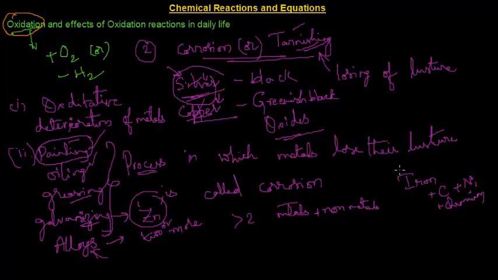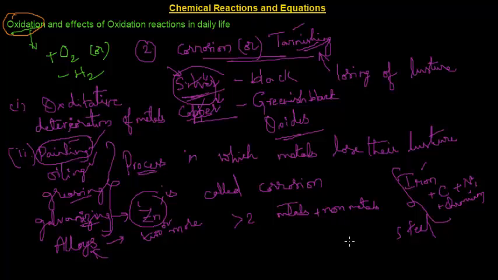All these are mixed in fixed quantities, with iron being more in content, to give alloy steel. In the same way, bronze and brass are also alloys.